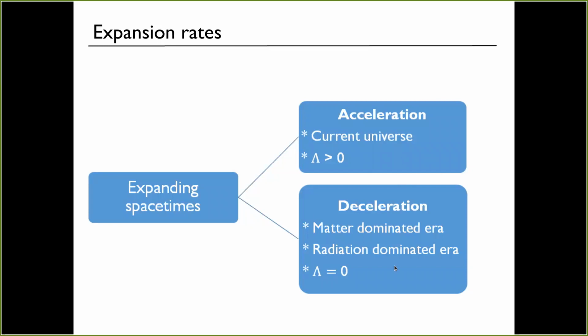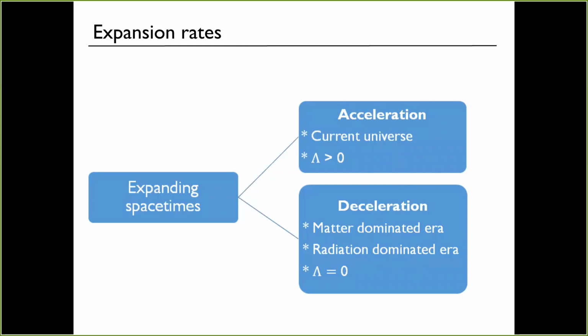But there's another large class of solutions that are decelerating. If you have, for example, a matter-dominated universe, which happened in our past, or a radiation-dominated universe, those spacetimes have a scale factor that does expand, but the expansion slows down.